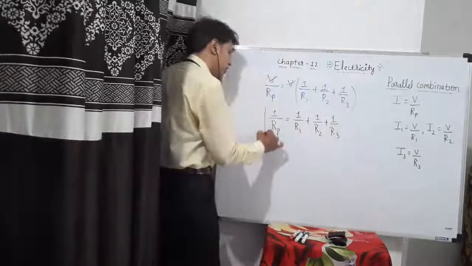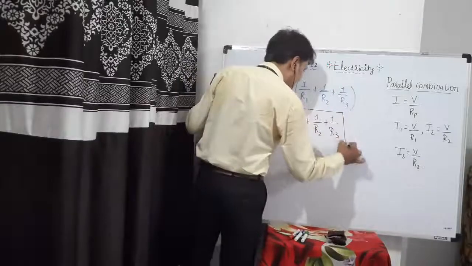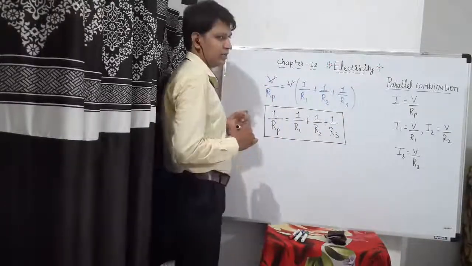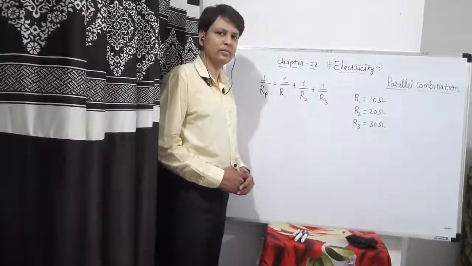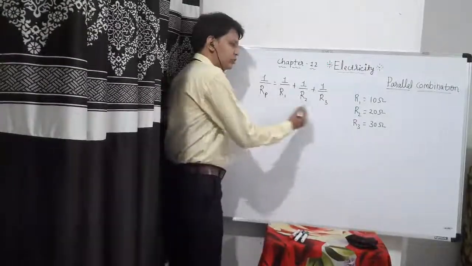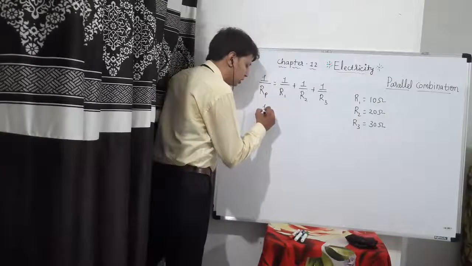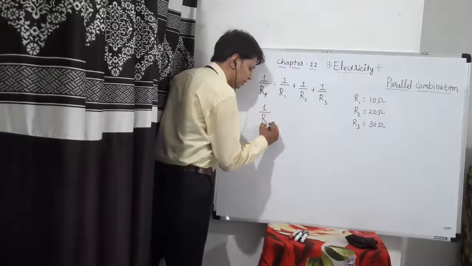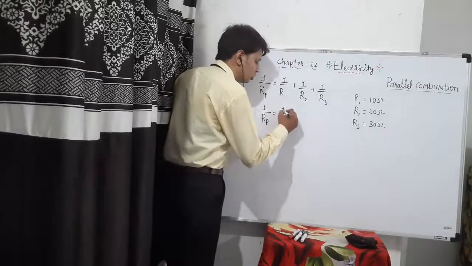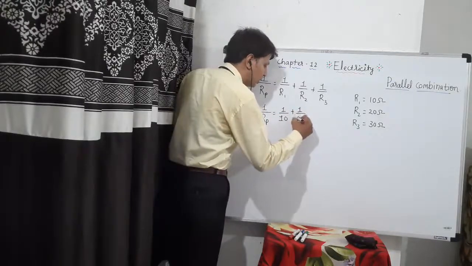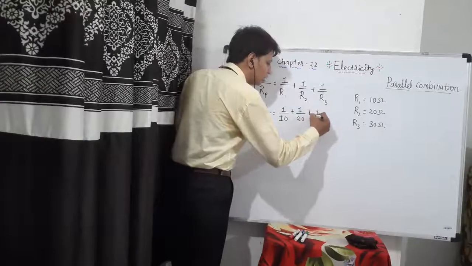This is the equation for three resistors connected in parallel. So let us substitute the values to find the equivalent resistance in parallel connection. So 1 upon 10 plus 1 upon 20 plus 1 upon 30.